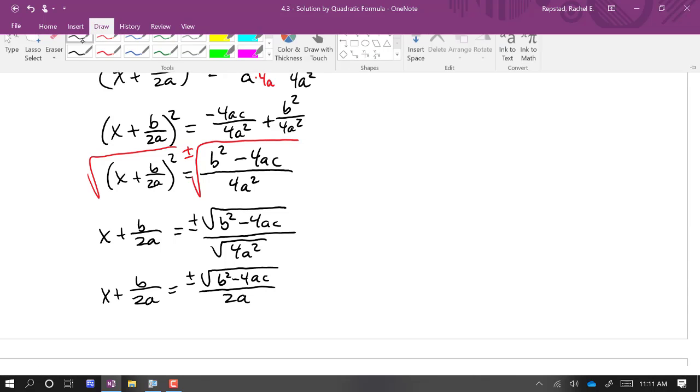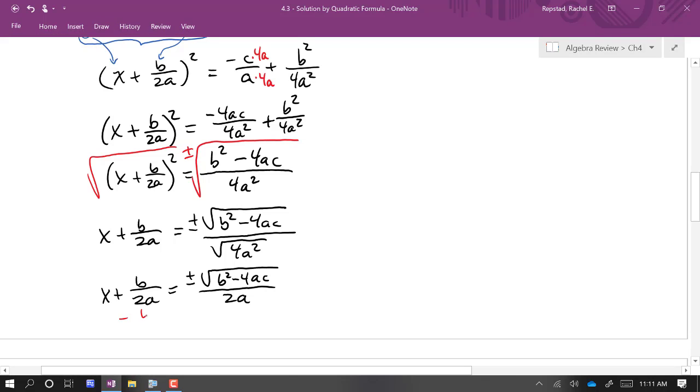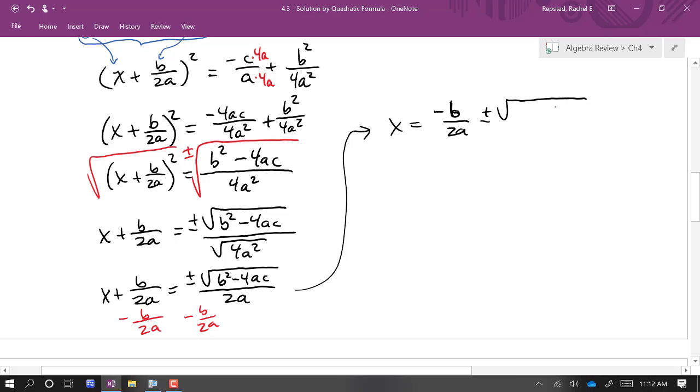And now to finish this up, we're going to subtract b over 2a from each side. We get x is negative b over 2a plus or minus the square root of b squared minus 4ac over 2a. And look, we're adding and subtracting.